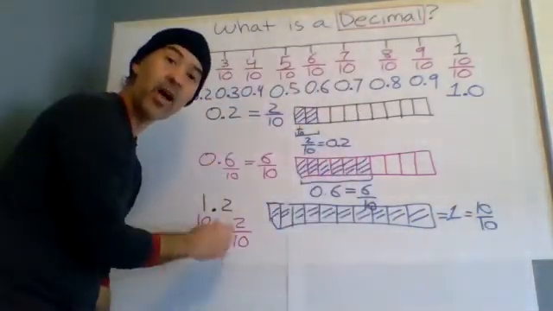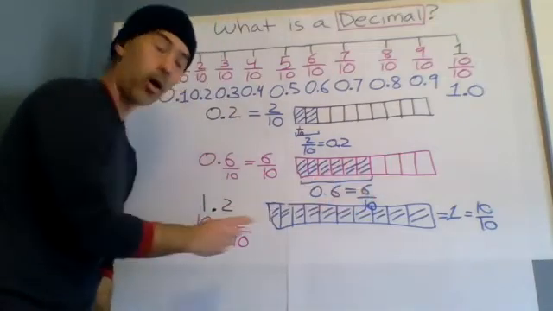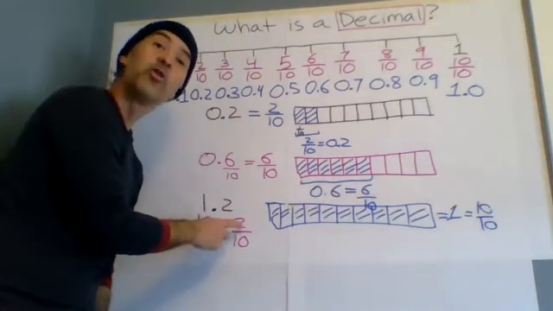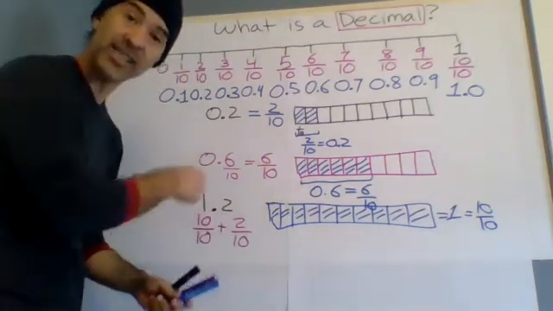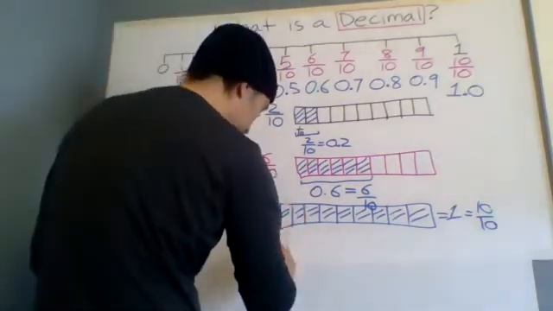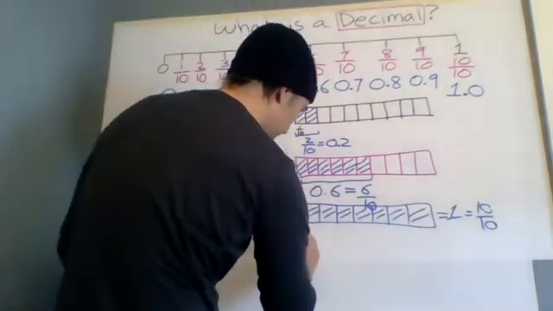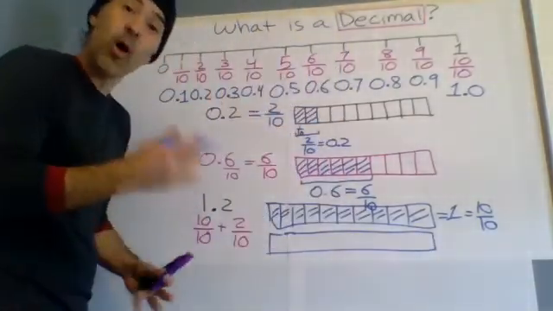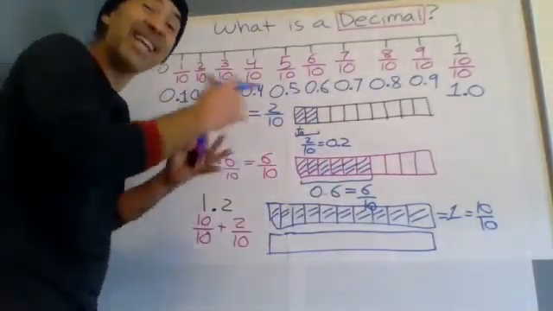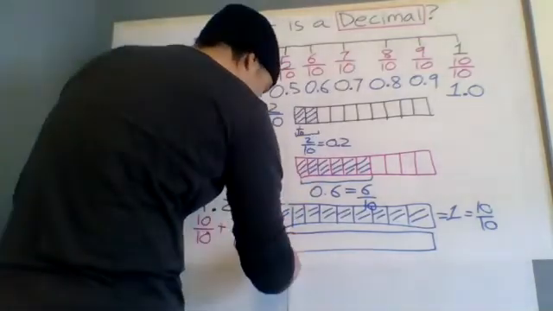I also have another whole, but only using 2 parts out of the 10. So let's draw the second whole. Okay. It also has available 10 equal parts.